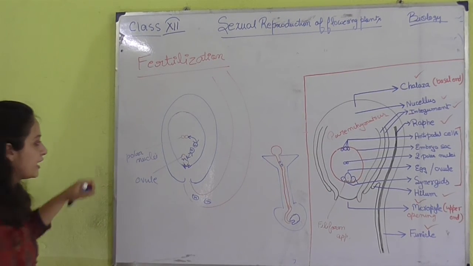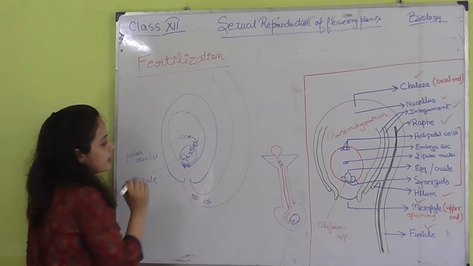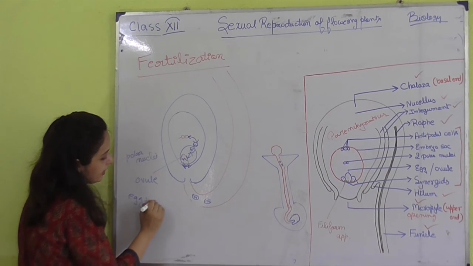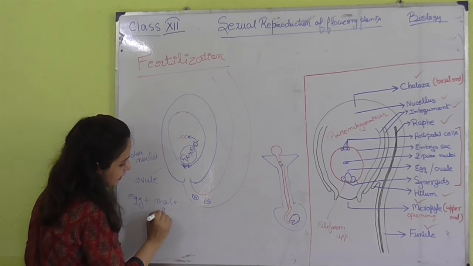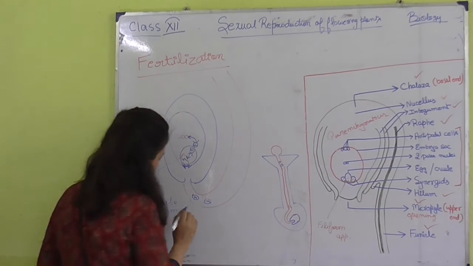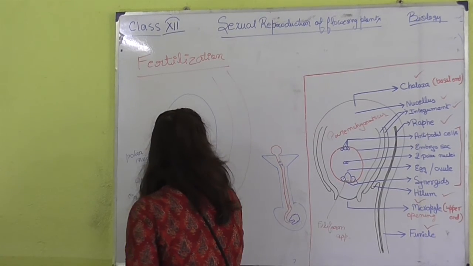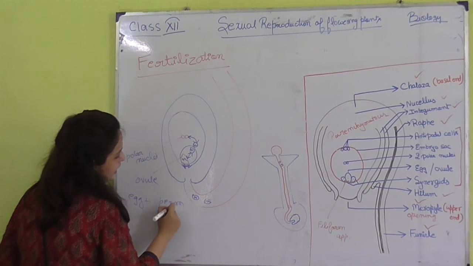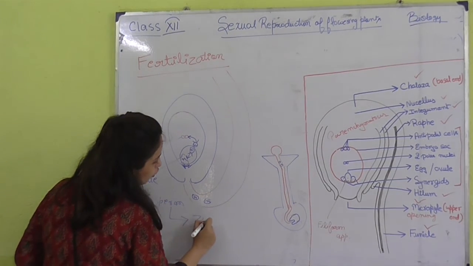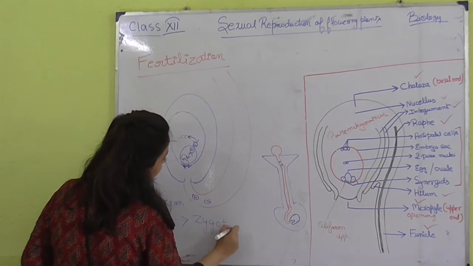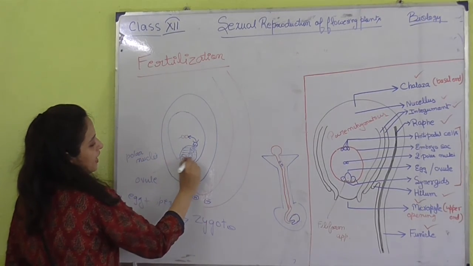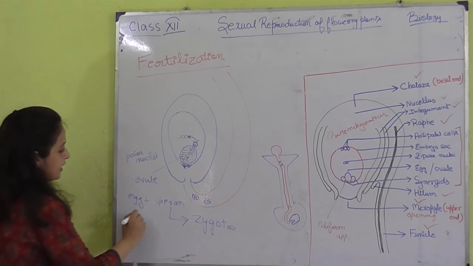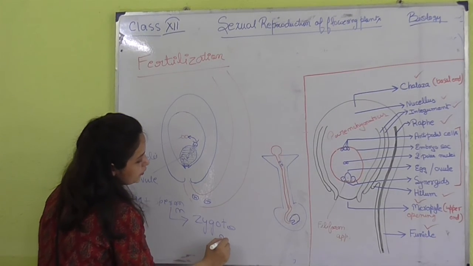If the male gamete has united with the egg, it will form the zygote. N plus N, that is 2N, diploid.